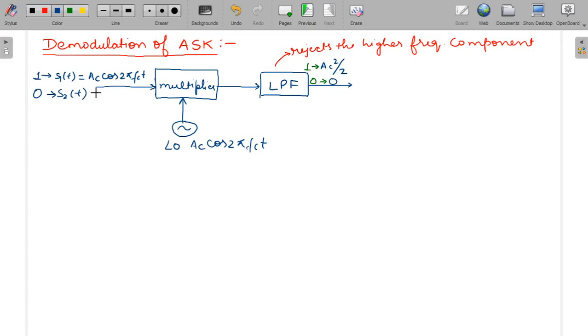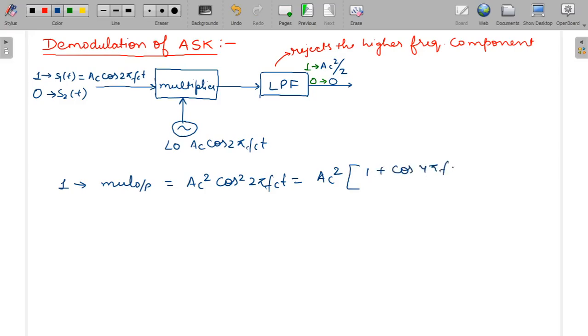How? Let's see. If 1 is received at the demodulation end, then this multiplier output will be Ac squared cos squared 2 pi fc t. How can you write cos squared 2 pi fc t? You can write it as 1 plus cos 4 pi fc t, by 2.